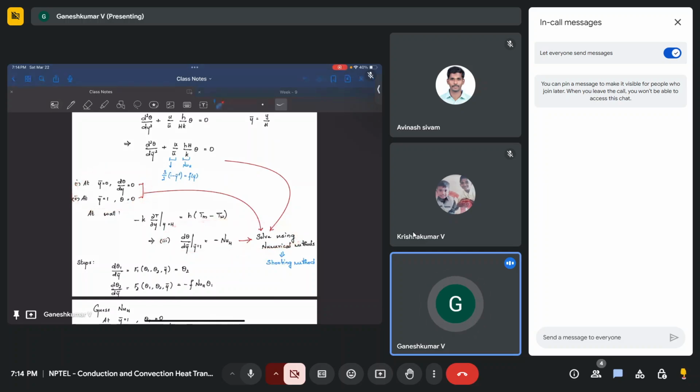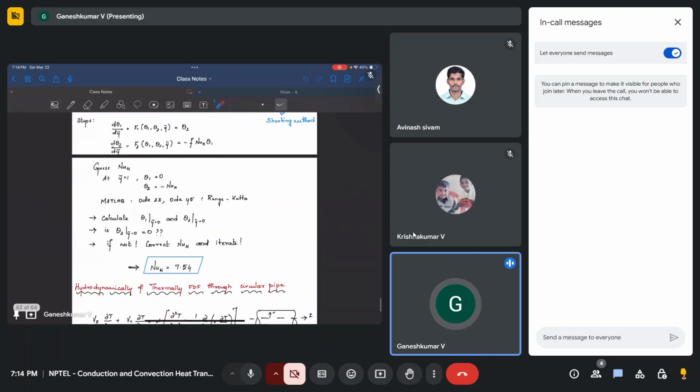So we have to specify an initial condition and boundary condition, and then march in space and reach the other boundary and check whether the other boundary is the same as the condition that we have, and if it is the same, we have reached convergence. If not, we change our initial guess, and then we repeat it. So that is what we do here, and after this iteration you will end up having 7.54.